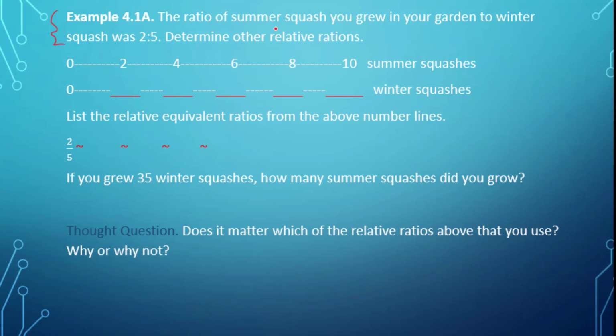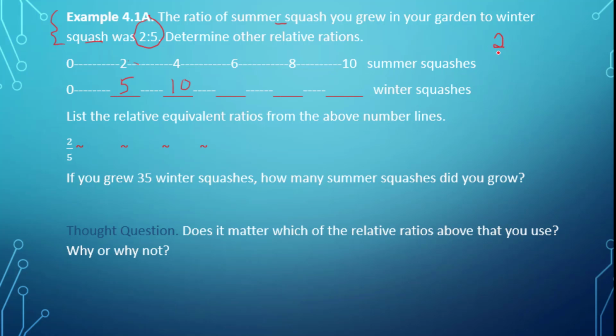The ratio of summer squash you grew in your garden to winter squash was 2 to 5. Determine the other relative ratios. Okay, well, if you grew 2 summer squash, then you would grow 5 winter squash. If you doubled the amount, if you multiplied the amount of summer squash by 2, you would multiply the winter squash by 2. If you triple the amount, or you multiply the number of summer squash by 3, right?